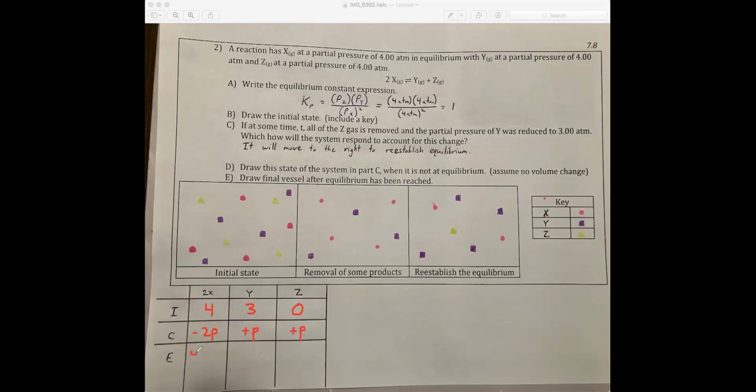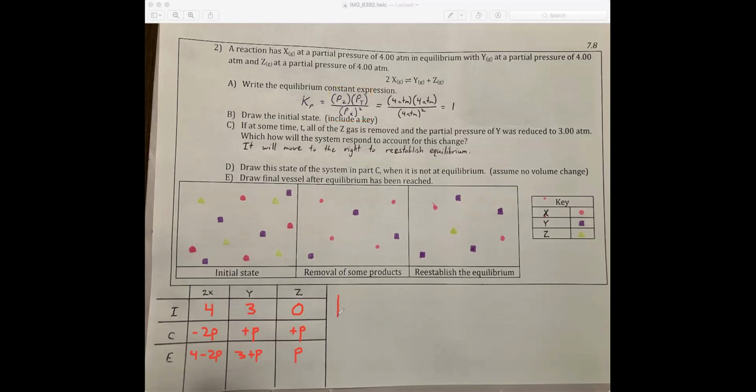So it's going to be 4 minus 2P, and then 3 plus P, and then just P. So we're going to go back to this expression here and set that up.